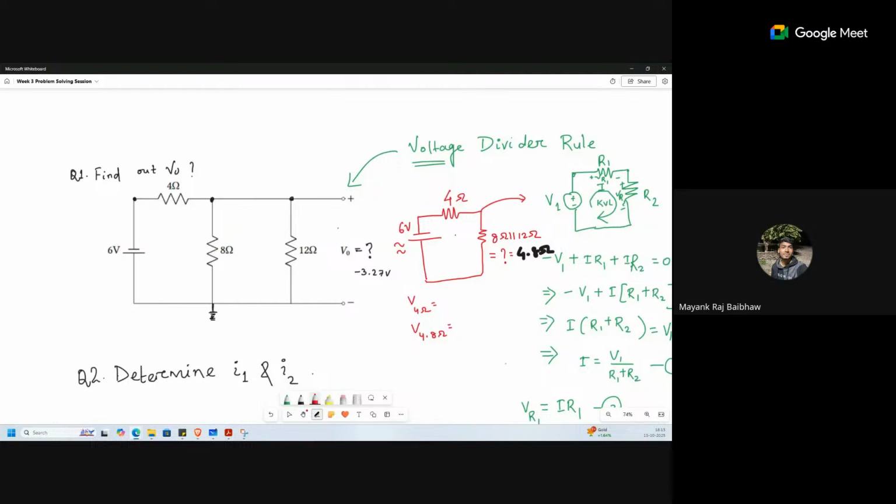Current across 4 ohm and 4.8 ohm. Ma'am, 24 ampere and 28.8 ampere.